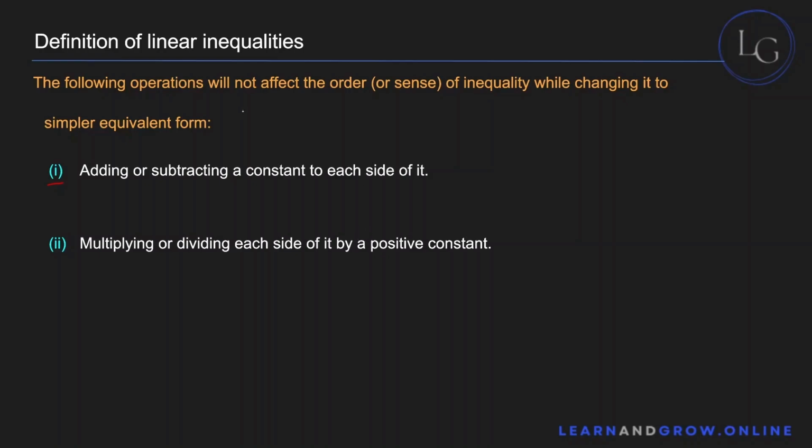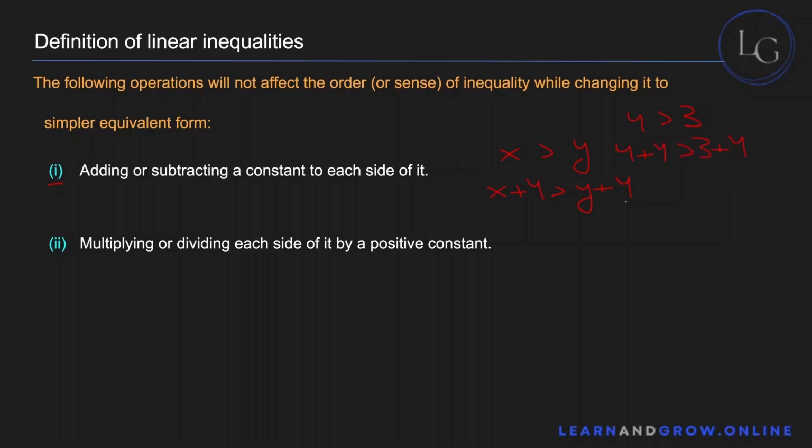Basically, let's just say we have x is greater than y. If you just add 4 to both the left hand side and right hand side, it will not change anything. X plus 4 is greater than y plus 4. We can prove this by writing down, let's say, 4 is greater than 3. Very true. So 4 plus 4 is greater than 3 plus 4.